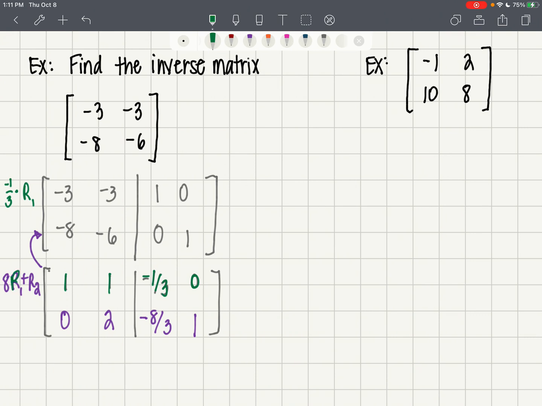So 8 times this green row 1, just in case you were confused by that, added to row 2.